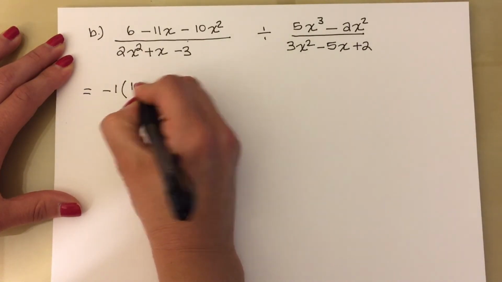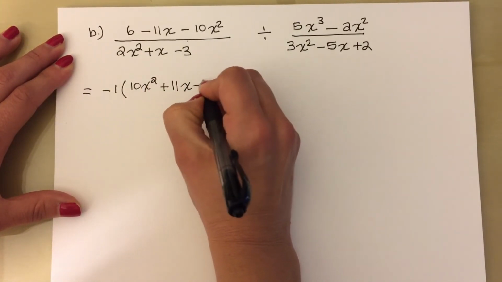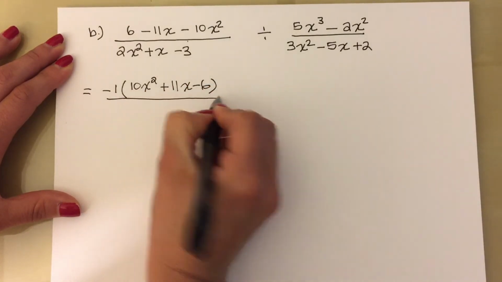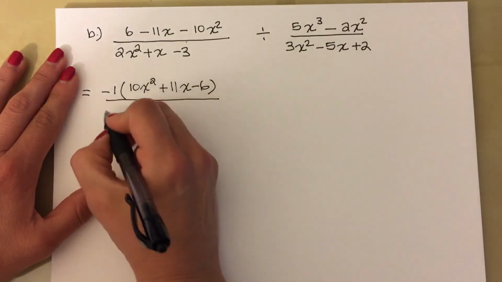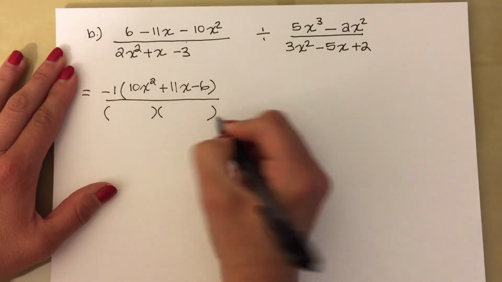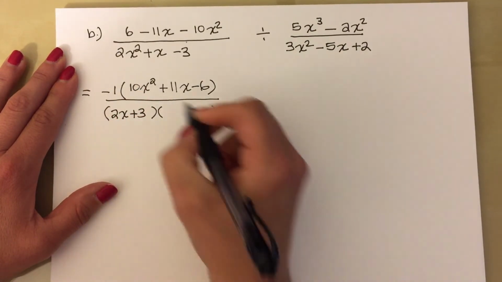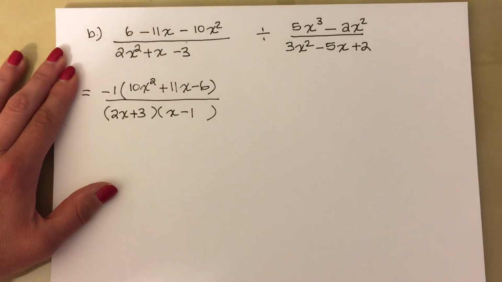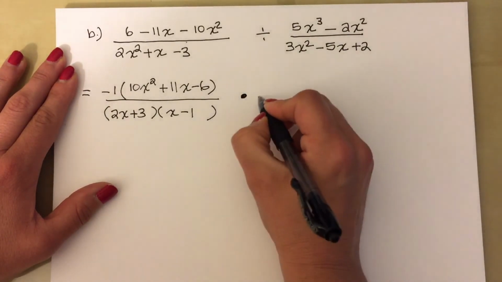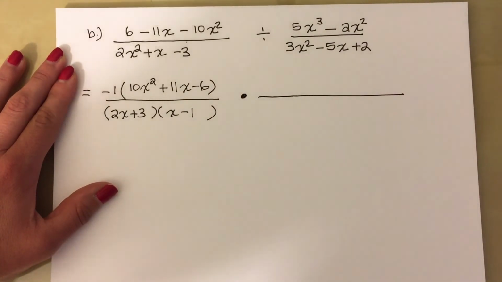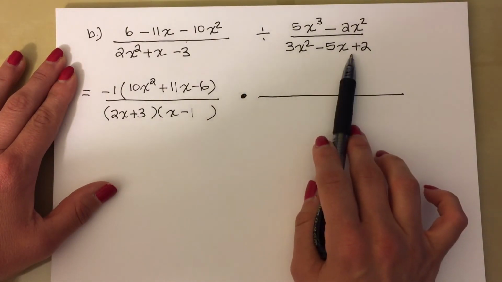I'll start with the first term, and we just put these in order. And from here, I can just factor the denominator. And at the same time, I can multiply by the reciprocal of the second fraction. Since it's the reciprocal, we need to factor the trinomial right here in the denominator.